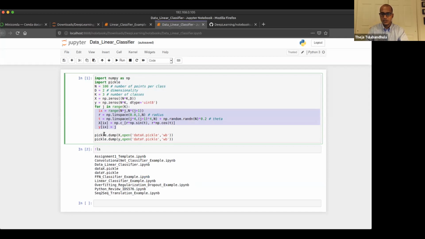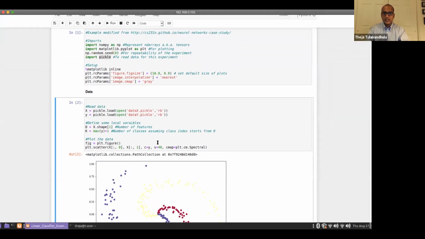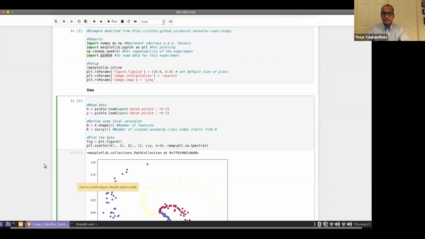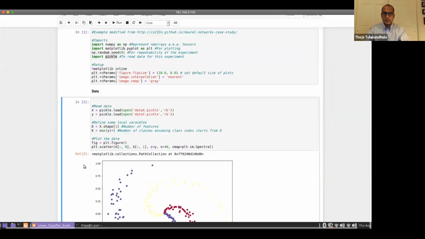Once you generate those data points in numpy arrays, you're just dumping them to disk, which is the local directory. And here I'm just reading it from the local directory and plotting it. And so here you can see the plot.